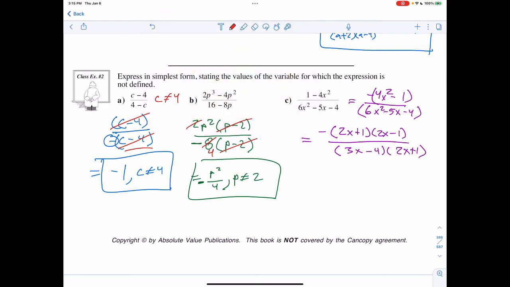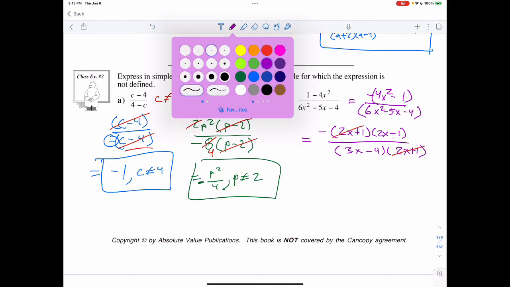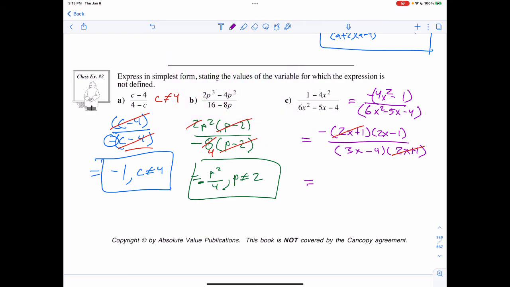I'm going to eliminate the common factor in the top and the bottom. And I can say that this is going to be the same as negative 2x minus 1 over 3x minus 4. And this is true looking at the entire denominator before it canceled out, as long as x is not equal to positive 4 over 3 or negative 1 over 2.